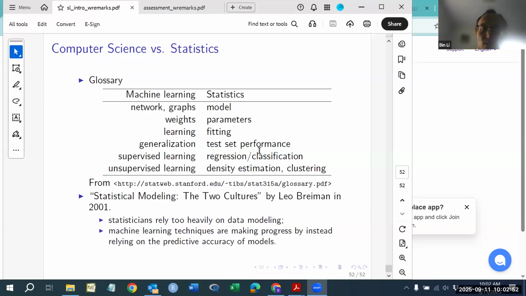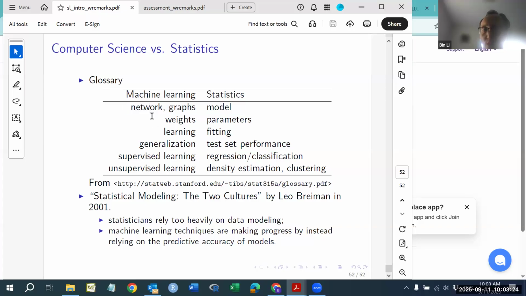We know that machine learning developed from the computer science area, and so they use different words that have corresponding different words in statistics. This table just lists a few. Like in machine learning, you will see network, graphs, and in statistics, that corresponds to models.